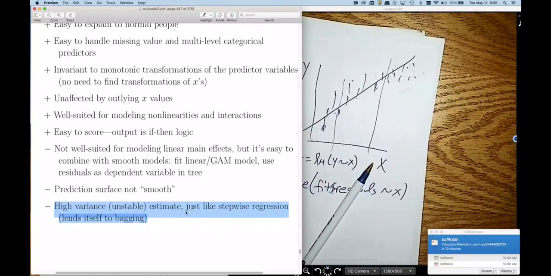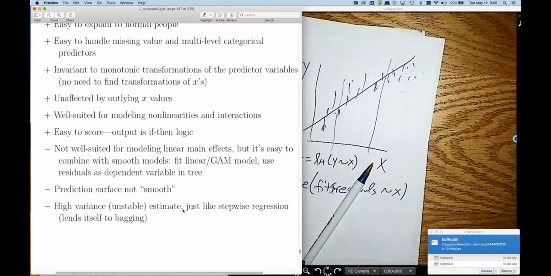And once you have one split that's different from your previous tree, the rest of the tree ends up being very different. Okay, so that's a very undesirable property if you're interpreting these things, where the estimate is so dependent on the particular sample of data that you happen to have.